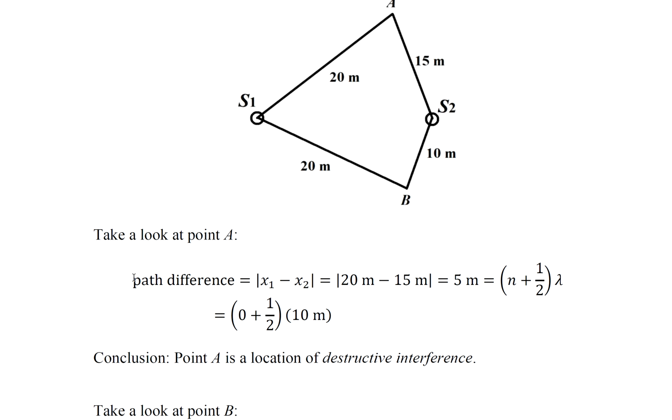So the path difference is 5 on the left side. Lambda is 10 on the right side. So if we have n plus 1/2 on the right side, and we let n equal 0, we get 5 on the left side and 5 on the right side. So point A is a location of destructive interference.